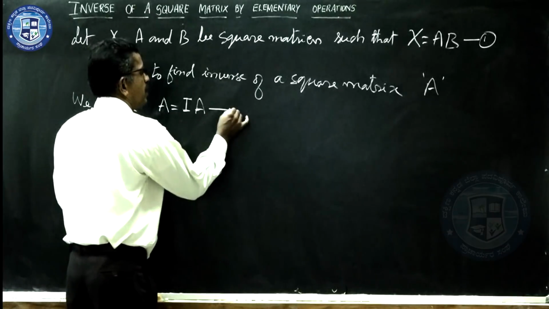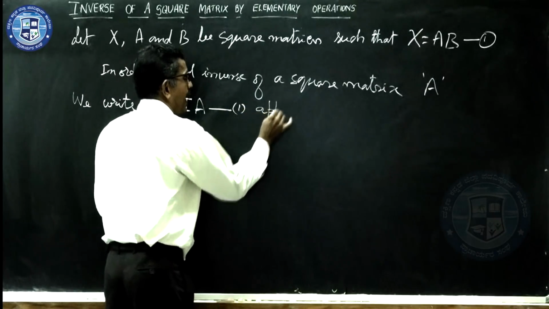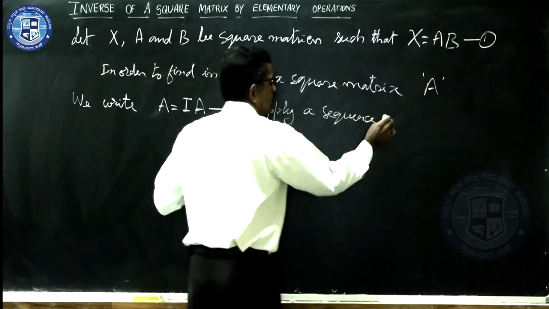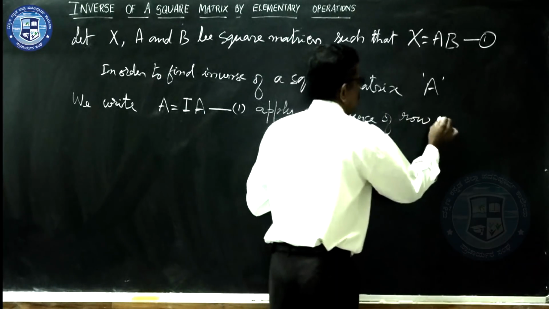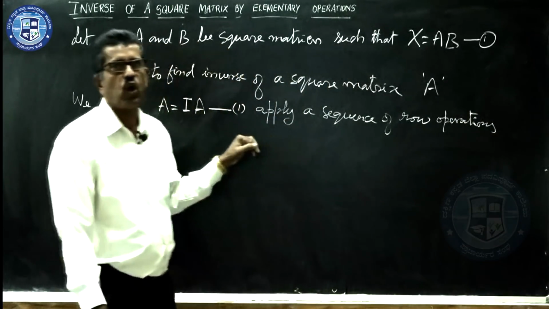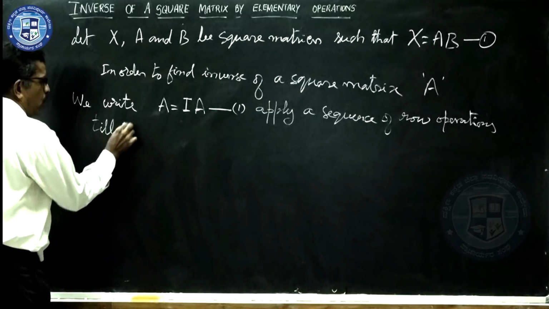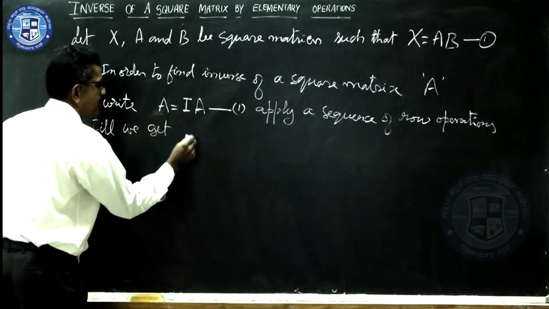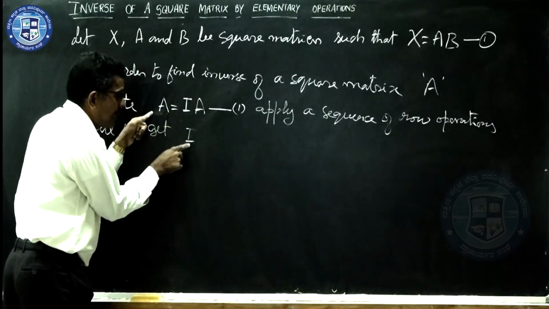I first take A is equal to I into A, and then apply a sequence of elementary row operations, one after the other, till that A is transformed into identity on the left hand side.